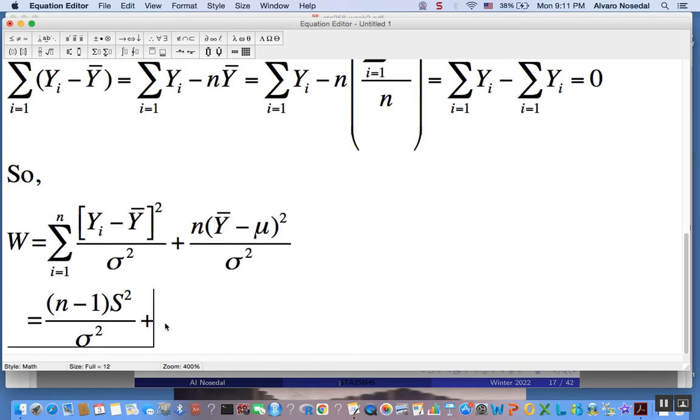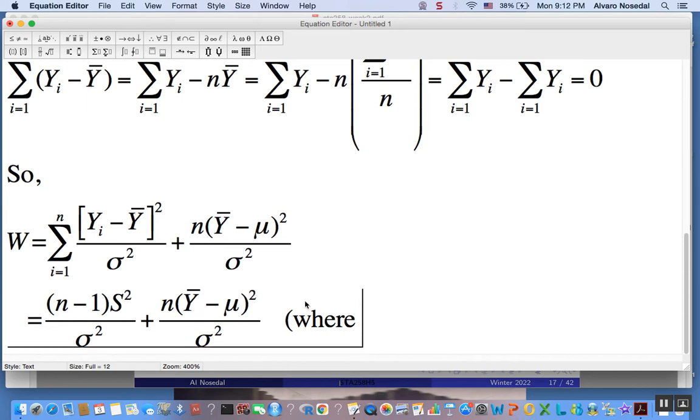Are we good thus far? Okay. And just a reminder, the sample variance s squared is defined as follows.